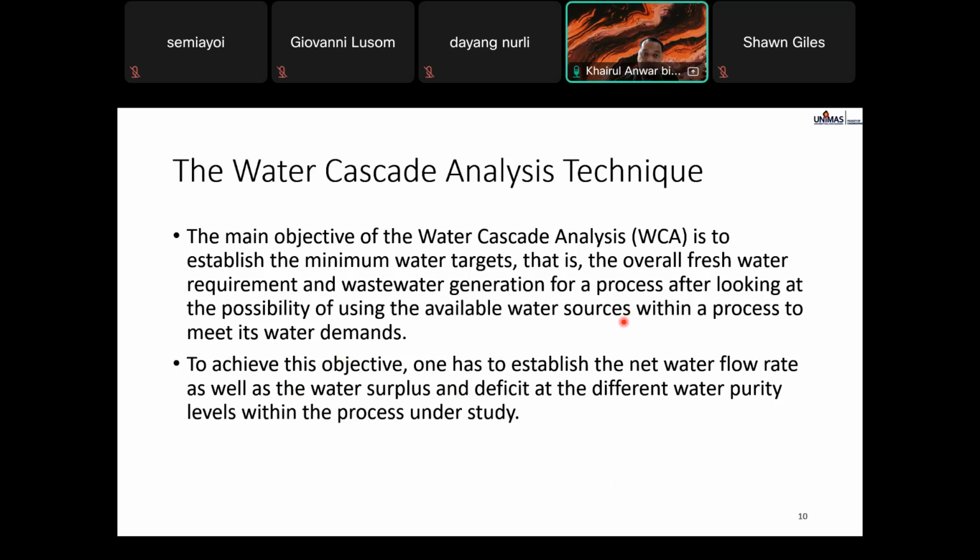Before the analysis, the water demand is normally fresh water or water with some contaminant inside, but mostly it's clean water. To achieve this objective, one has to establish the net water flow rate as well as the water surplus and deficit at the different water purity levels within the process under study.